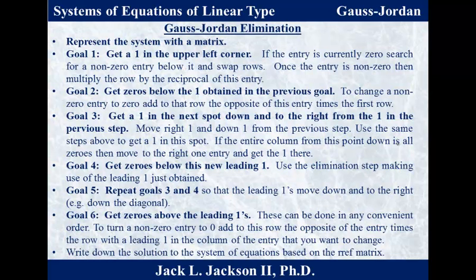Now once you have a leading 1, then you want to get zeros all the way down below it. And we can use this new 1 that we just got in a very, very systematic and easy way to get zeros below it. What we do is say we want to, say the second row, turn the first entry in the second row into a 0. We want to eliminate that variable, basically.